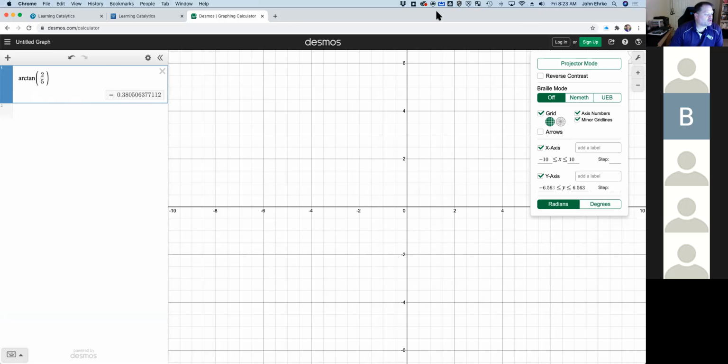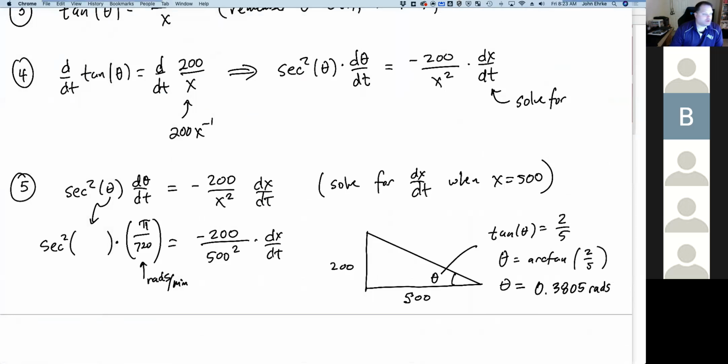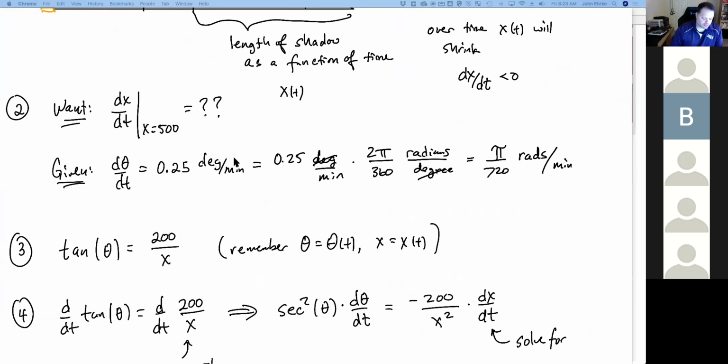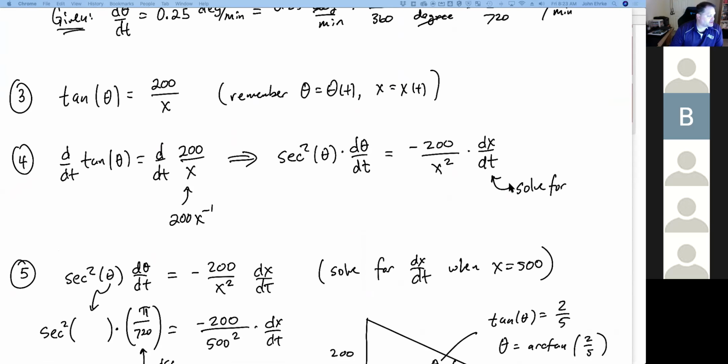But yeah, you could work the problem with degrees from the very beginning, but you would have to convert every trigonometric function from then on to degrees. So to me, that's a bigger hassle than just converting that one original angle measure, which is in degrees, to radians, and then just doing the rest of them as you would.